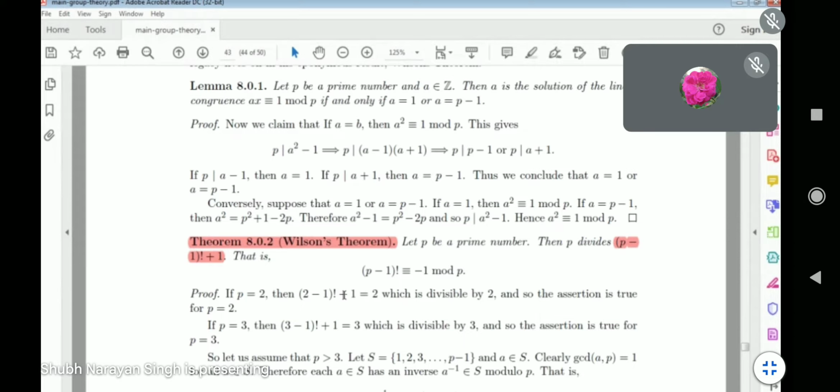So that is the meaning of factorial. So (p minus 1) factorial means p minus 1 into p minus 2 into p minus 3 and so on into 3 into 2 into 1, the last term. And this product is congruent to minus 1 modulo p, meaning p divides this product plus 1.